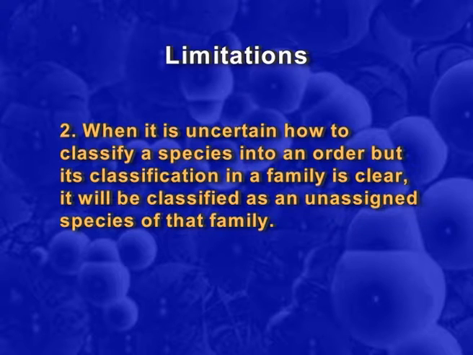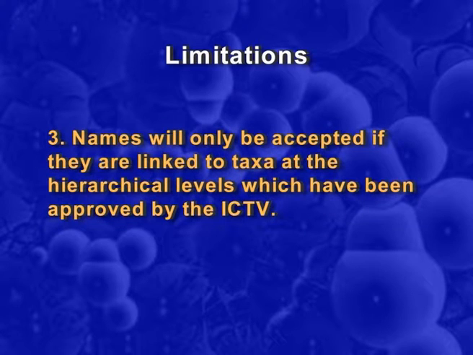When it is uncertain how to classify a species into an order, it remains an unassigned species in a family. Names are only acceptable if they are linked to a taxon at the hierarchical levels and have been approved by the ICTV.